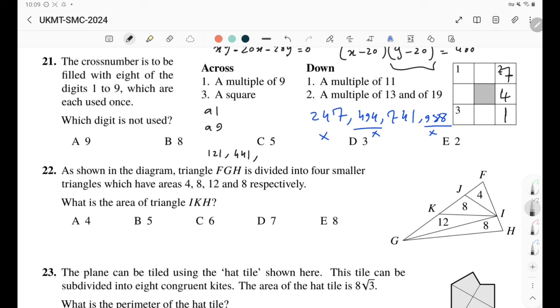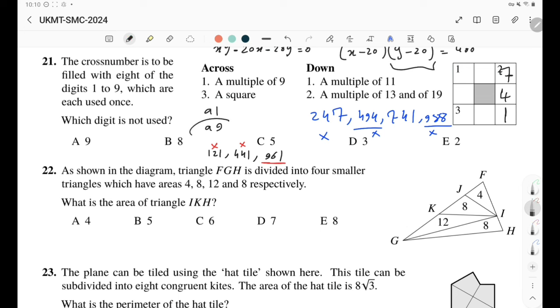Now we try 31 squared. We get 961. Clearly 41 we should not try because it's going to be a 4-digit number. So this one is refused, this one is refused, this one might be.